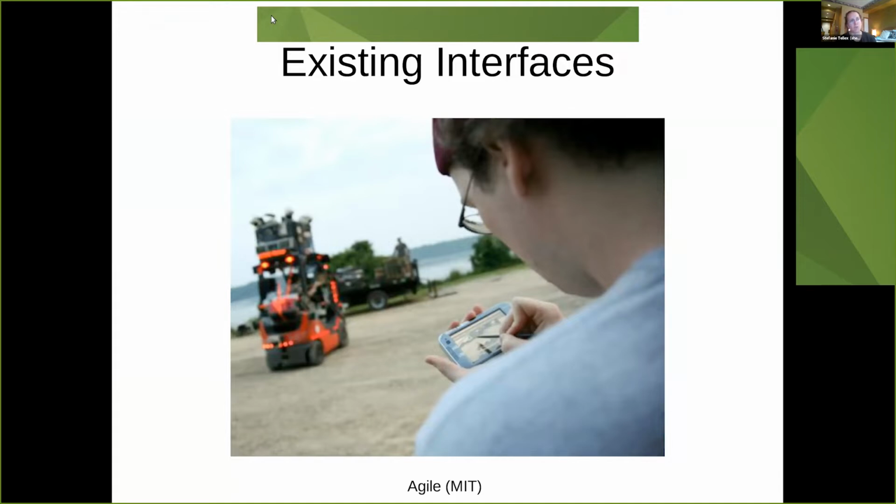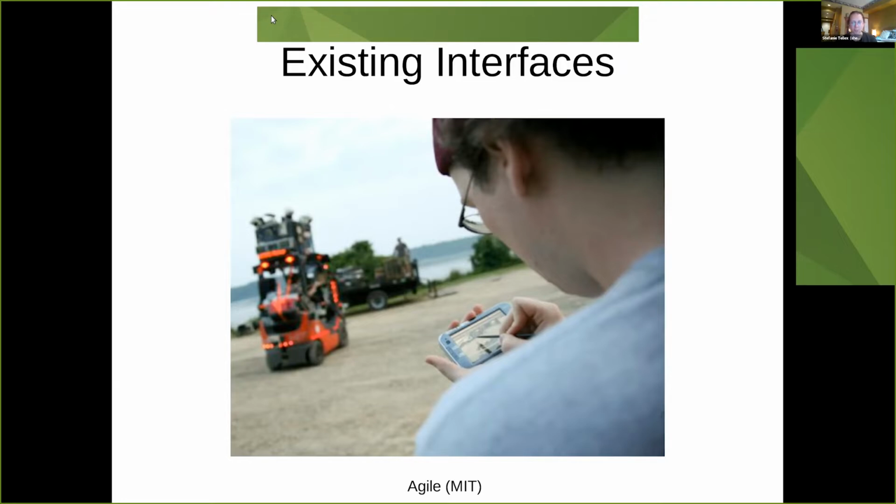If you get in the back of a Waymo self-driving car, there's a screen that lets you see what the robot's seeing and control what it's doing, give it destinations and stuff like that. If you fly a Skydio drone, you install an app on your phone, and then you use that app to tell it where to fly.